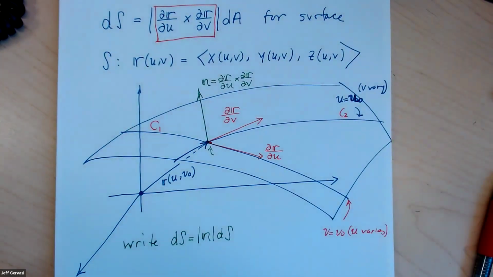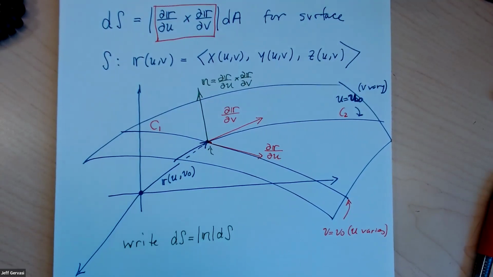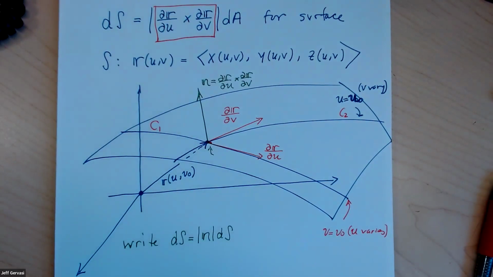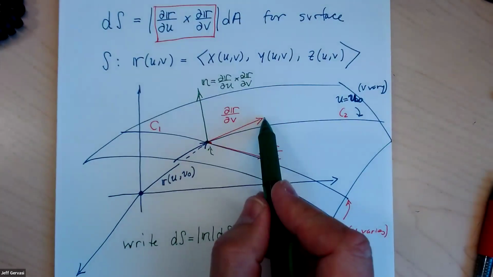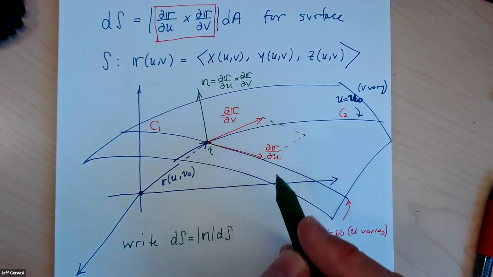Either way, those curves are traced out on the surface. They lie on the surface. The vectors partial of r with respect to v and partial of r with respect to u are both tangent to those curves, in particular at that point right there. Those two vectors also make a parallelogram; they're adjacent sides of a parallelogram.